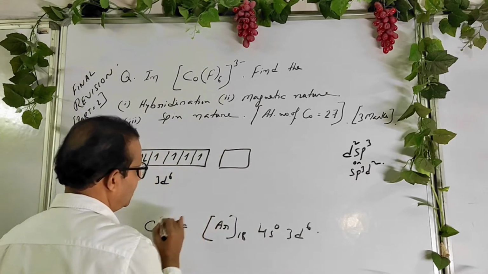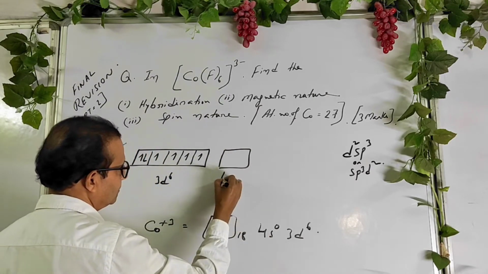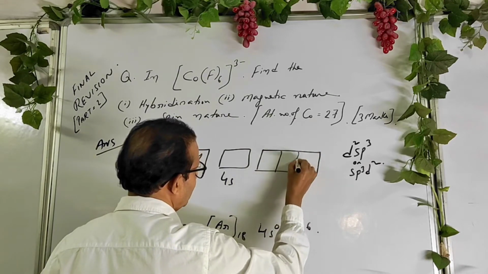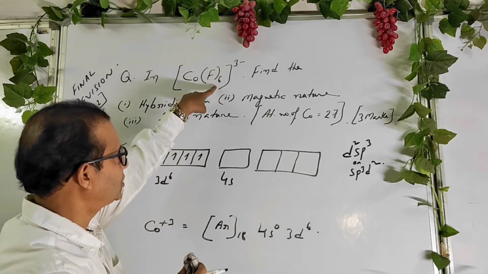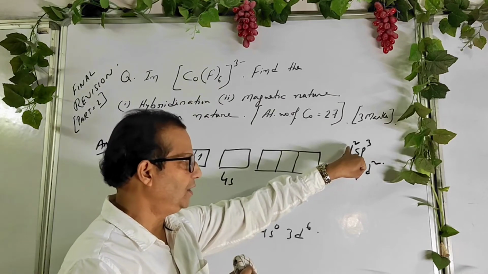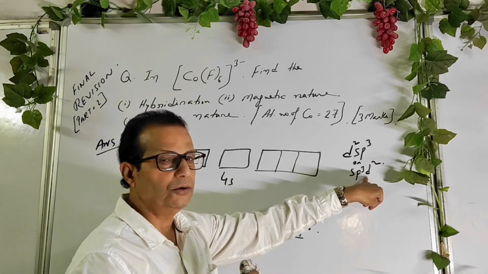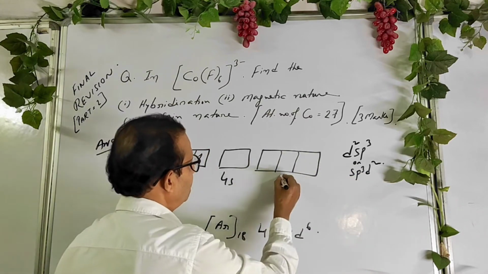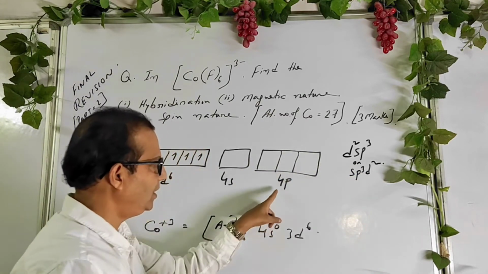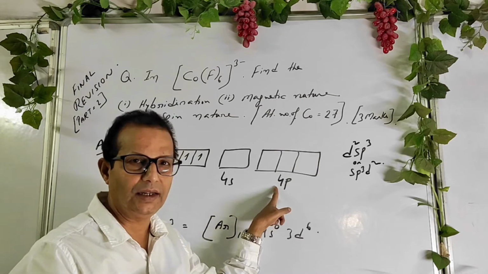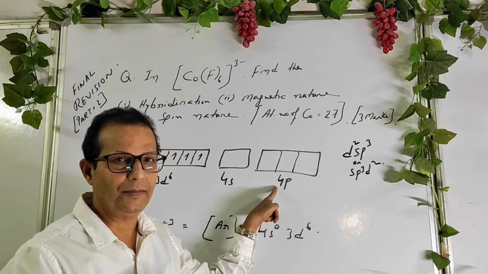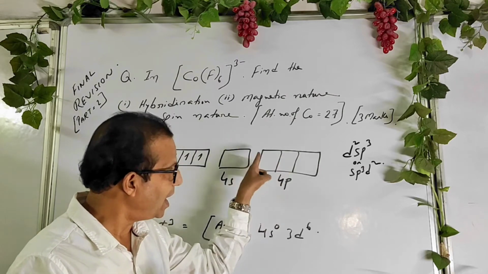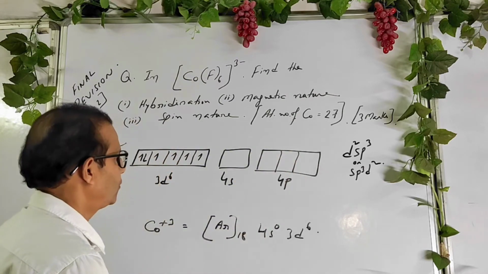After the 3d orbital, 4s. Now, as you know that if there are 6 coordination numbers, either d2sp3 or sp3d2, so we need the p orbital also. So this is the 4p orbital. Remember it, there is a p orbital in every complex metal ion, but it is vacant, so we did not write it. Now as it is required, so write it.